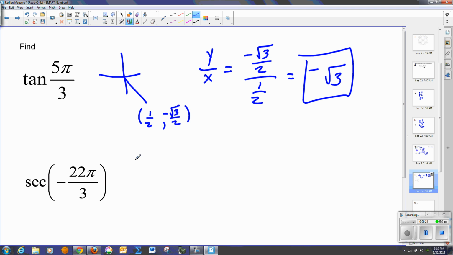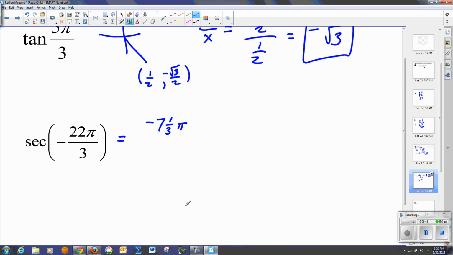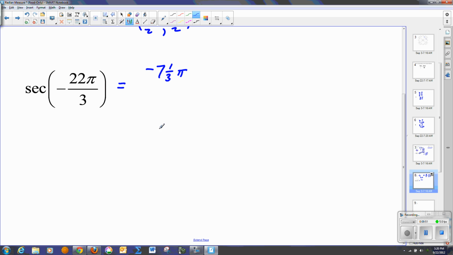Now, in this next example, it's a little more difficult. I'm looking for the secant of -22 pi over 3. I need to find out where that is. Well, the way I like doing it is I like saying -22 pi over 3 is equivalent to -7 1/3 pi. Let's take a look at a circle and find out where we are. -7 pi, where is that?